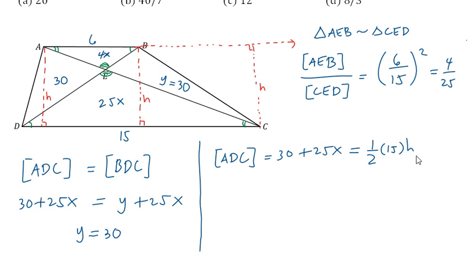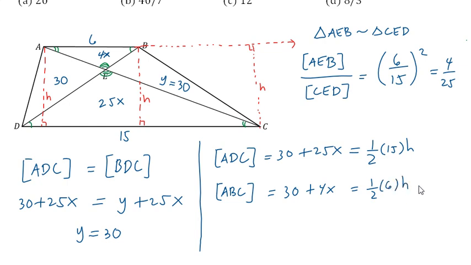Similarly, we can do the same process to triangle ABC. So the area of triangle ABC can be expressed as 30 plus 4x, or 1/2 times 6 times h.